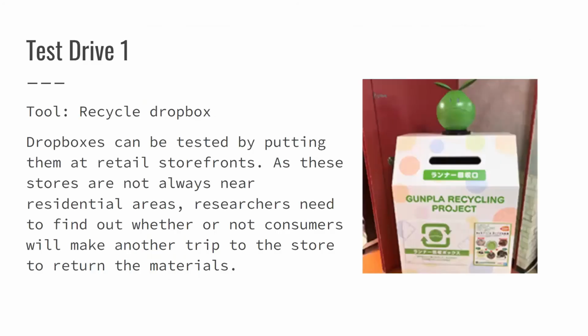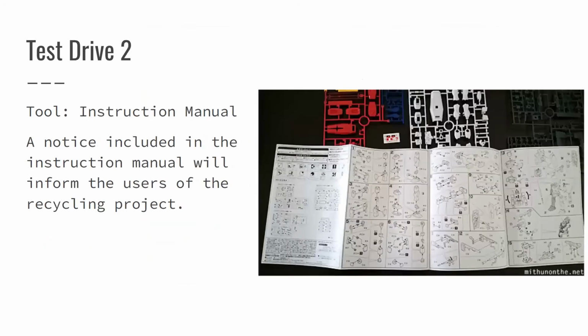So for the test drive, the tool will be a recycle drop box to see how many users will come back to recycle their runners and used parts. The second tool would be to include a notification in the instruction manual for the model, informing the users on how to recycle their unused parts at the end.